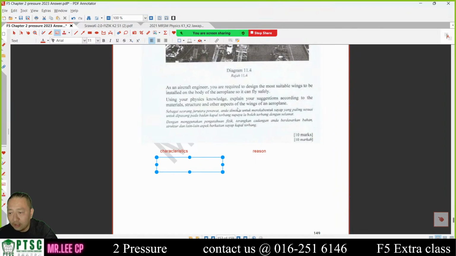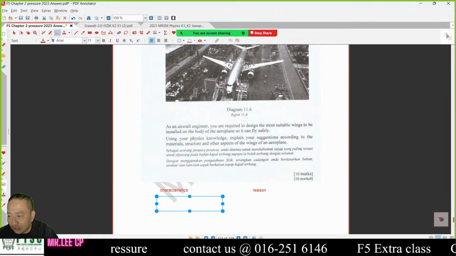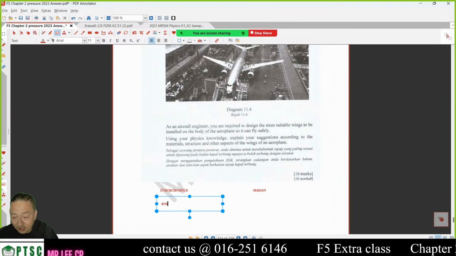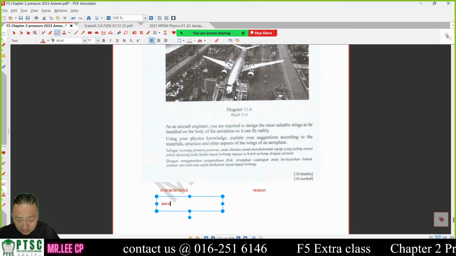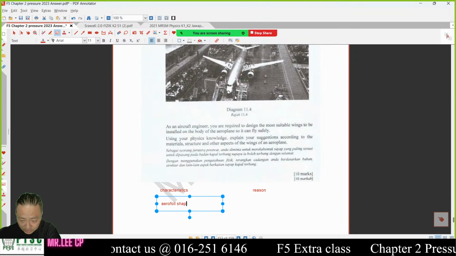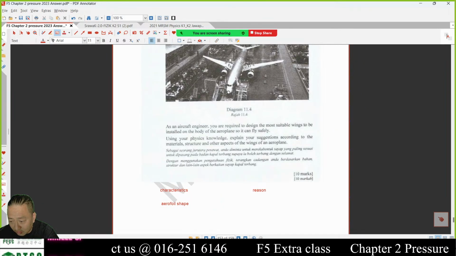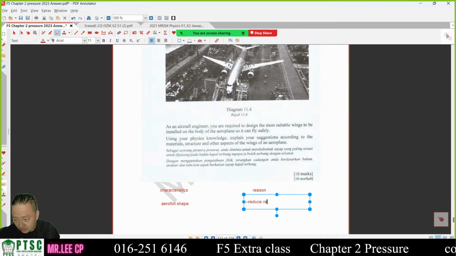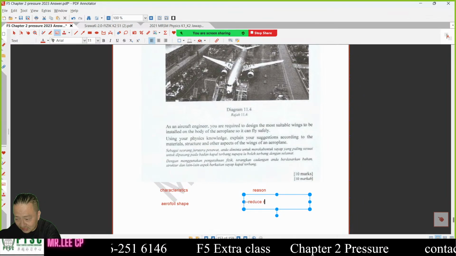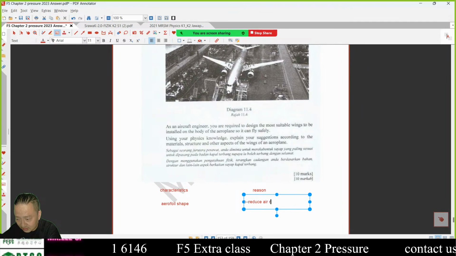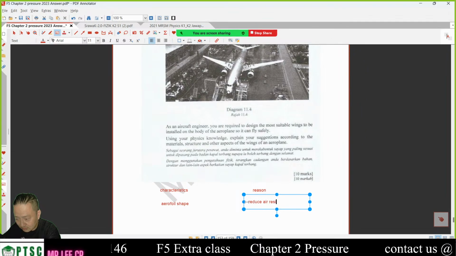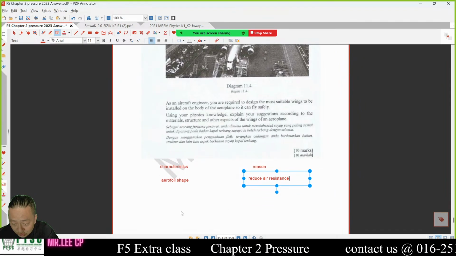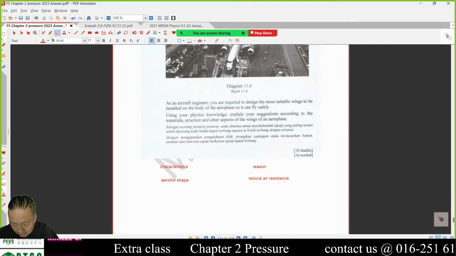Okay. Now, first one, the shape of the plane. All right, aerofoil shape. Why? Reduce the air resistance, or reduce the drag.